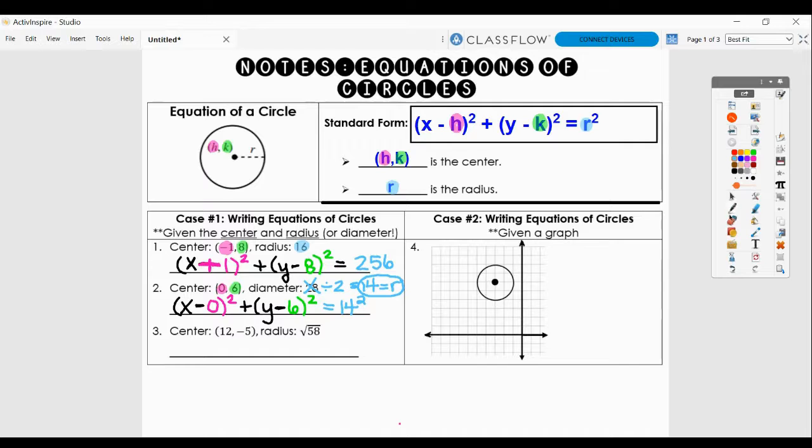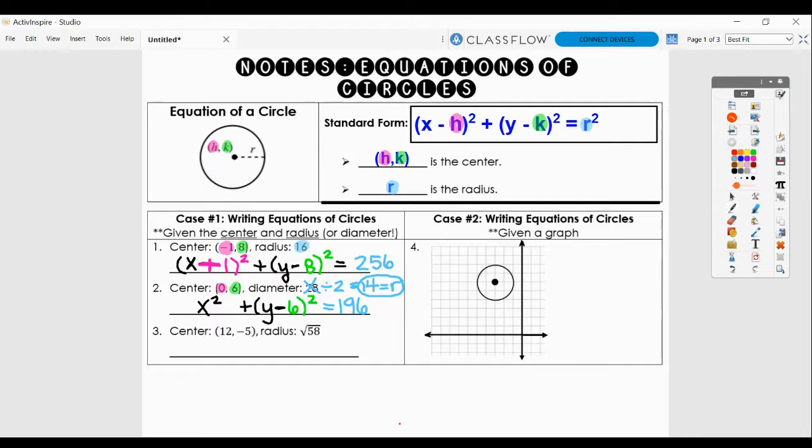We have 0 canceling out, doesn't need to be written, so that can actually just simplify to x squared. That's what you'll more likely see, but know that it means the center is 0 for the x value in this case. Then we do 14 squared, which gets us 196, because we need the radius squared.